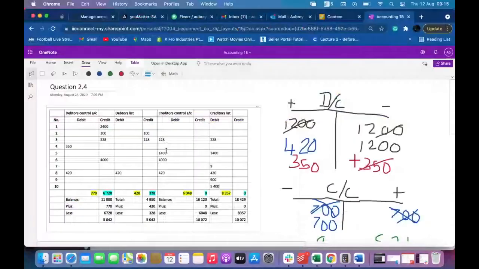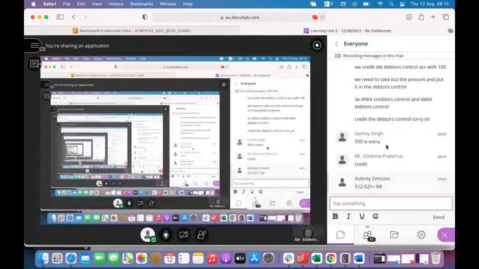Can you see the different ways that they can ask you to do this creditors and debtors reconciliation? You need to understand how to do this as well. Any questions before we move on to 2.5?